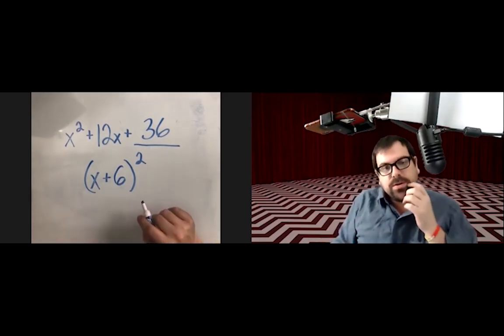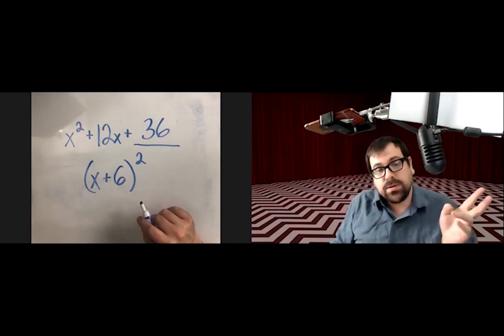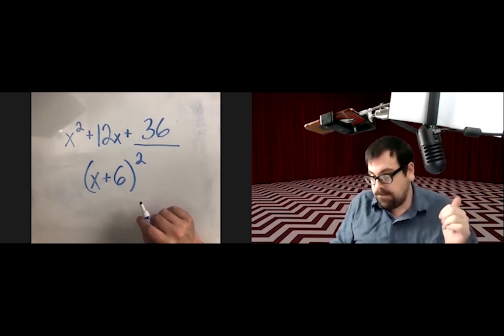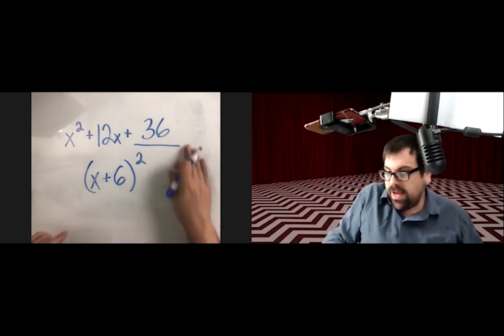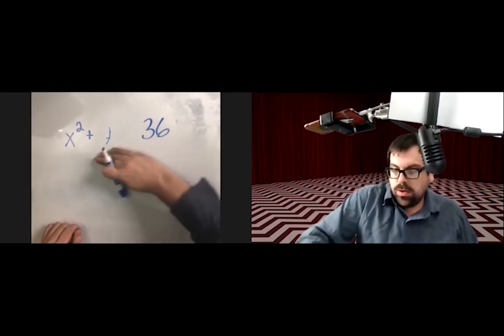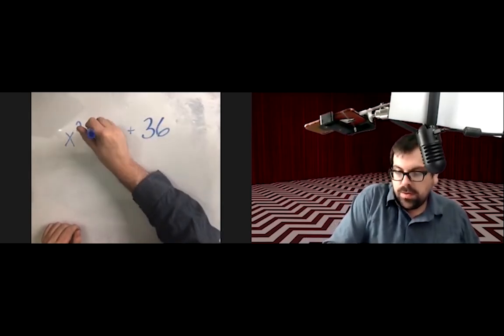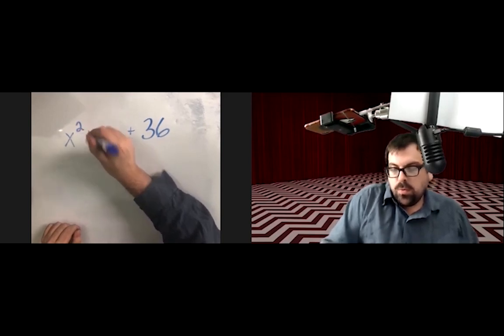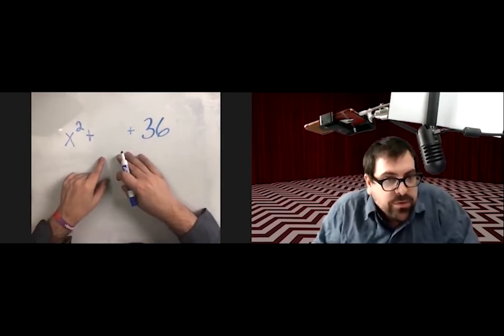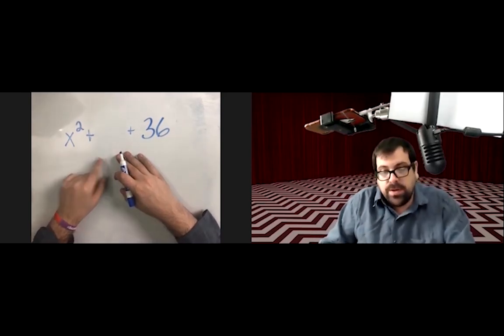This is very similar to a type of problem we would be able to answer in a previous unit. There, maybe it was, what does the middle term have to be for this to be a perfect square trinomial? And how did we find the middle term?